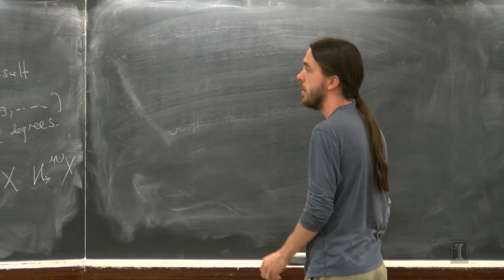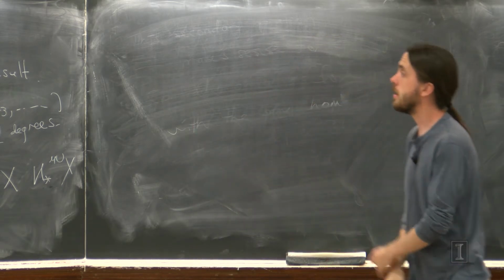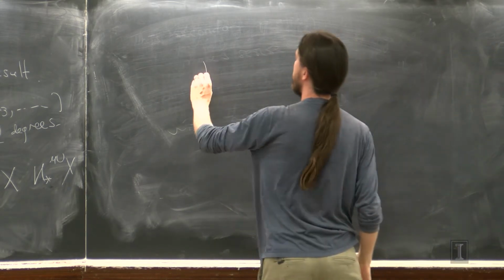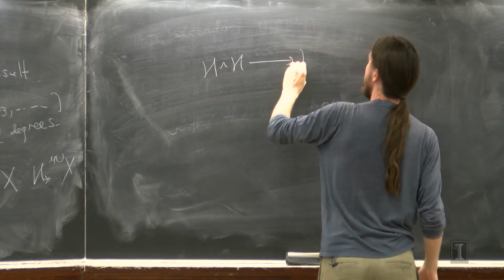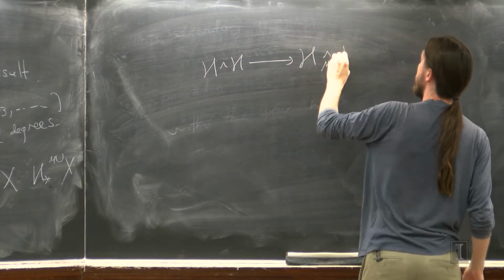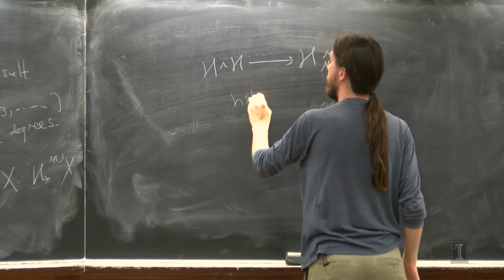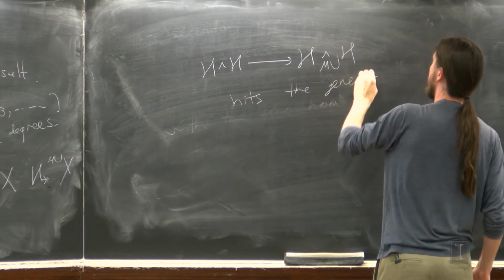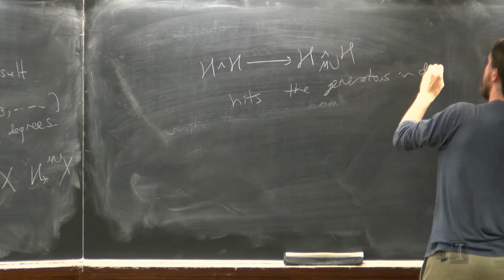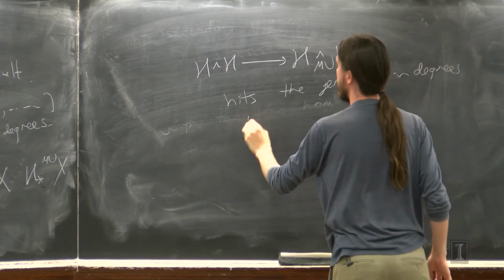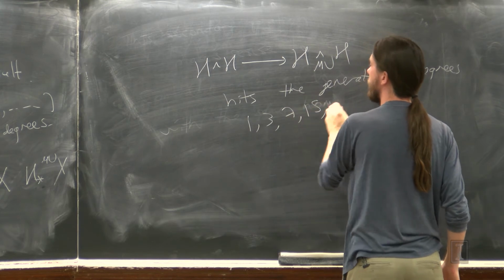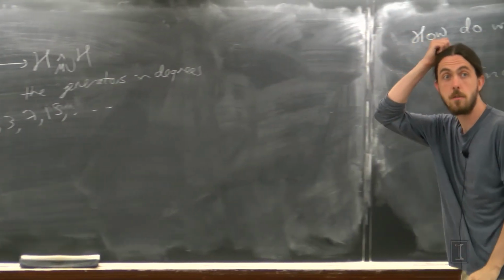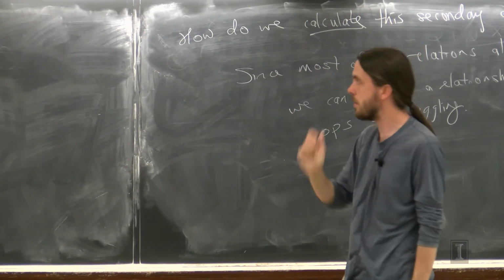There are maps relating this to various other spectra. For example, there's a map from H smash H to H smashed over mu with H. This hits the generators in degrees 1, 3, 7, 15, and so on, but it leaves a lot of them out. For example, the generator in degree 5 is gone.